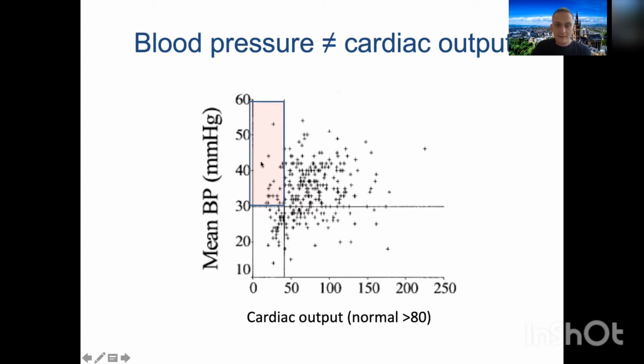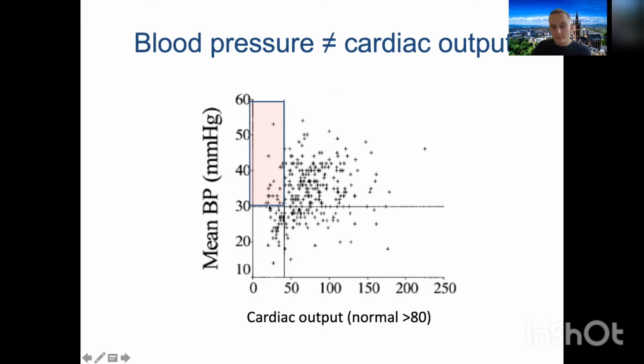And here you see in this pink quadrant, a group of babies who have a normal mean blood pressure, but have a low cardiac output. In this quadrant up here, the babies have a normal blood pressure and a normal cardiac output. And in the quadrant down here on the left, the babies have a low blood pressure and a low cardiac output.